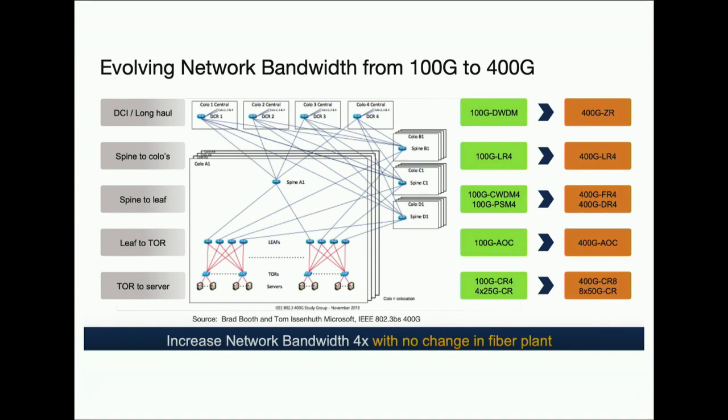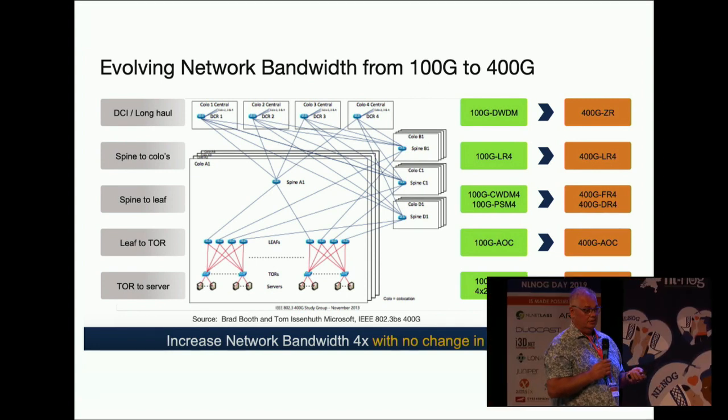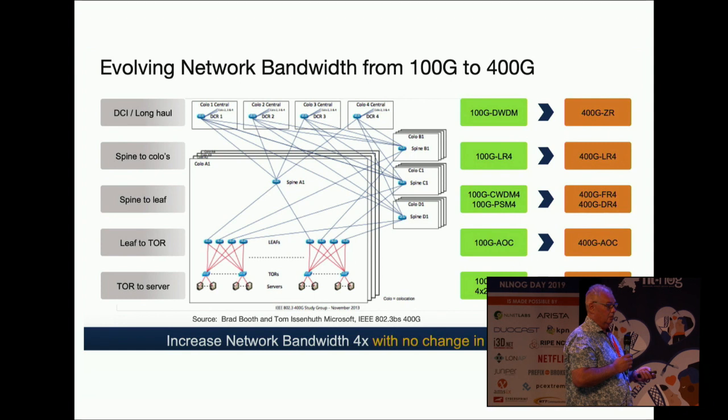So you can see that from top of rack, leaf to ToR, spine to leaf, spine to colo, and so on, there are optics. It's not like you have to wait for ages and ages for the optics vendors to provide the right 400 gigE optics, but the optics are partially there, and by the end of this year, a lot of them will be available.